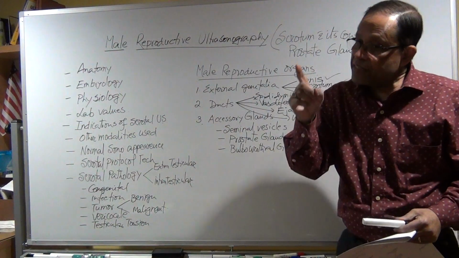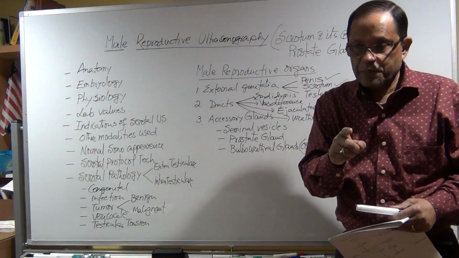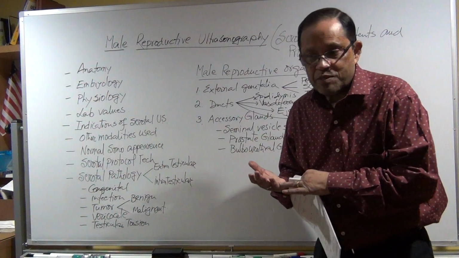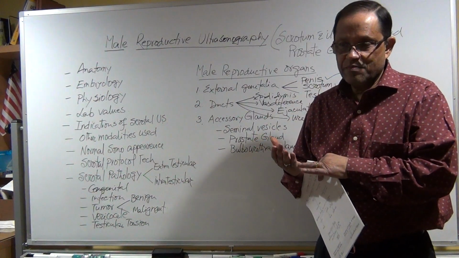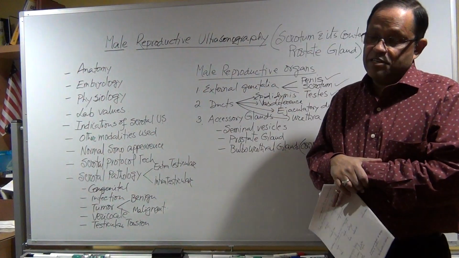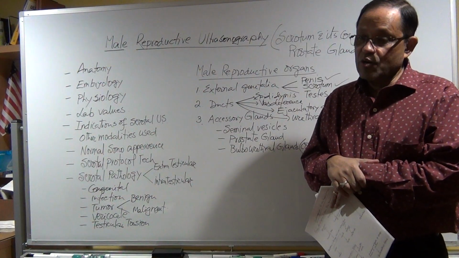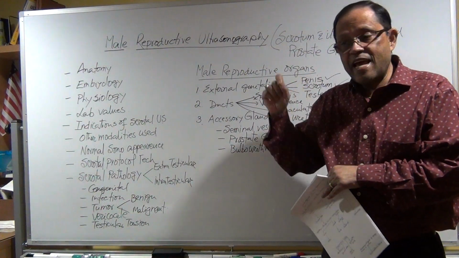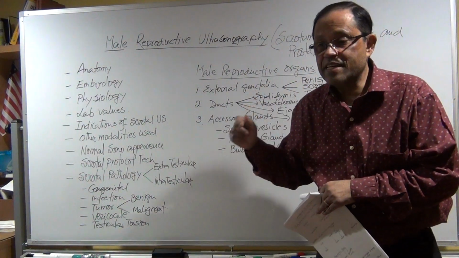And the female reproductive organs are connected to those mesonephric tubules because they share the same tubules, called the Mullerian duct. Another name is the paramesonephric duct.